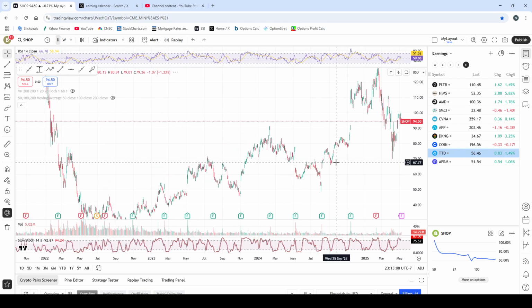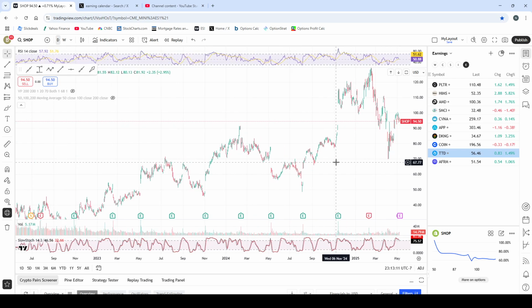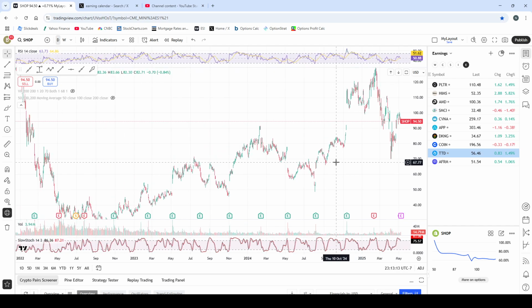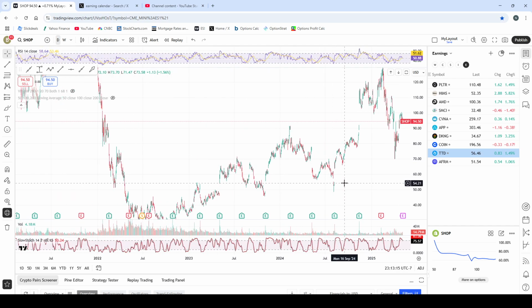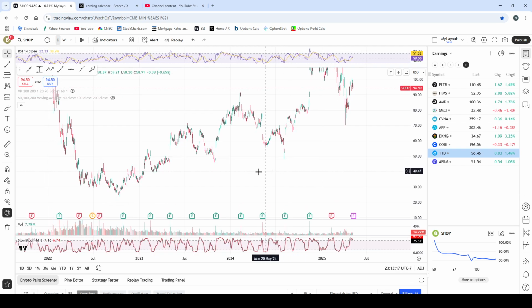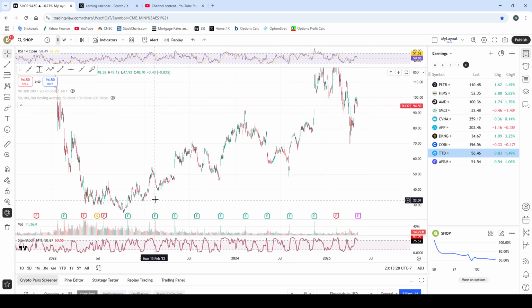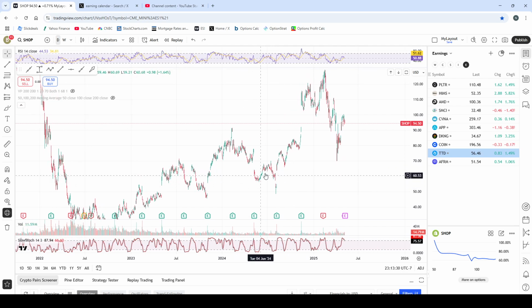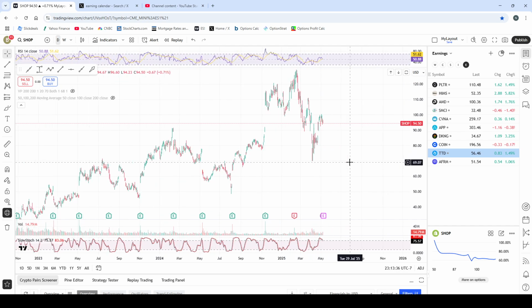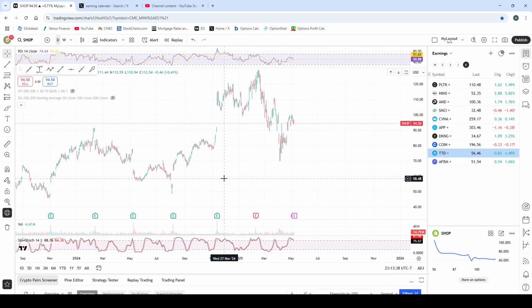Okay, so you can say that in 2022, it was as low as 24. Okay, and then it has been trending upward into February. Then the trend actually changed.